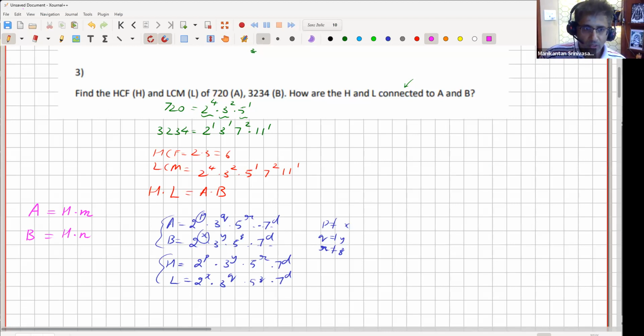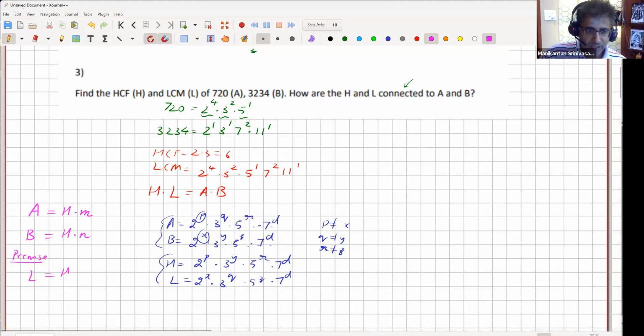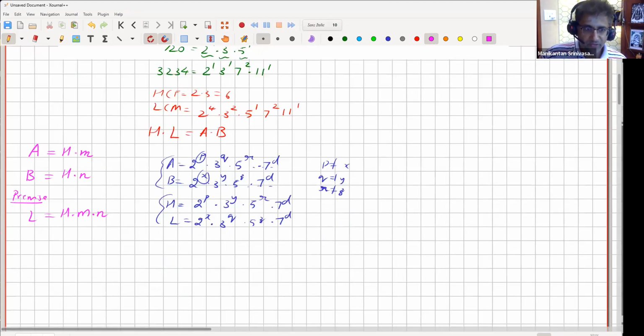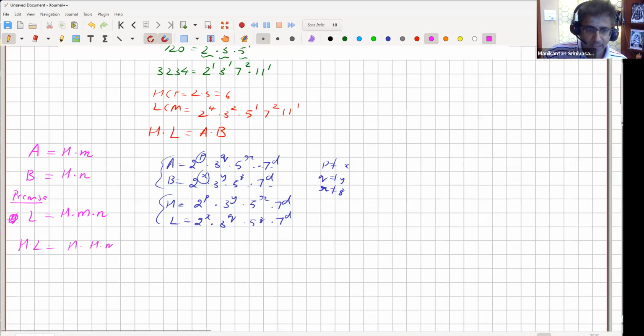Now, the premise is that LCM is H times M times N. We will come to why that is the case. But if this is our premise, then we are done. Because then H times L will become H times M times N times H, which is exactly what we want, because H times M times H times N is A times B.